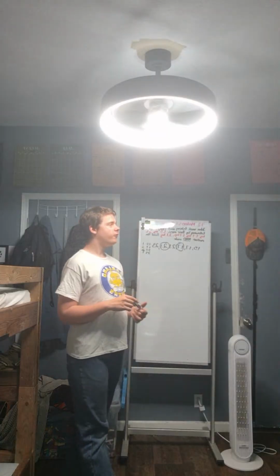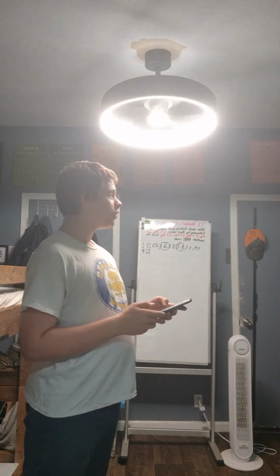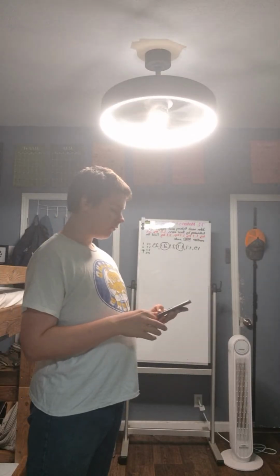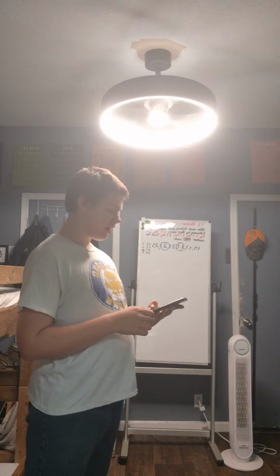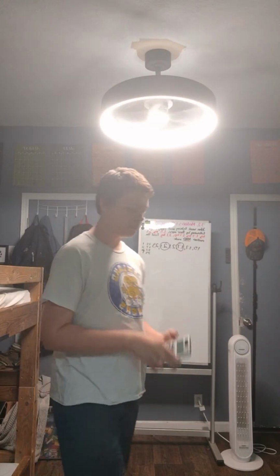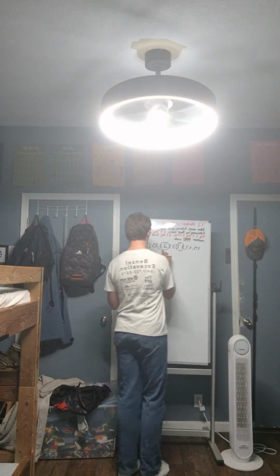So we're going to take the average. 1.7 plus 2.1 is 3.8, divided by 2, which is 1.9. The average is 1.9.